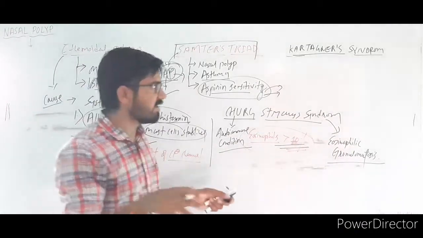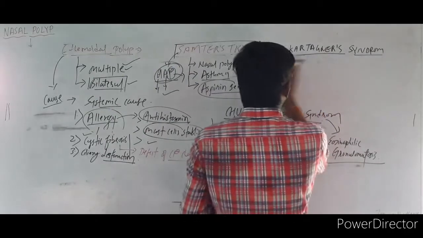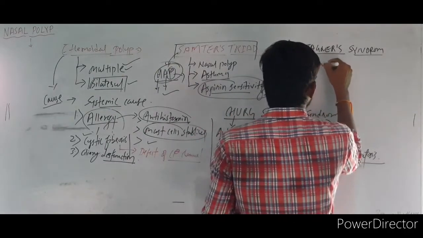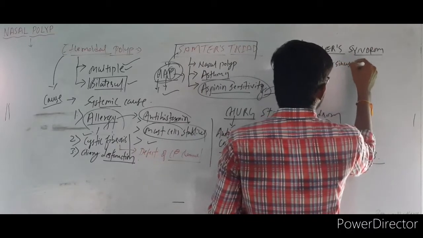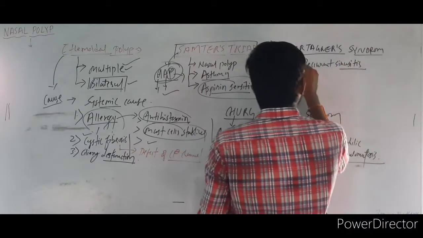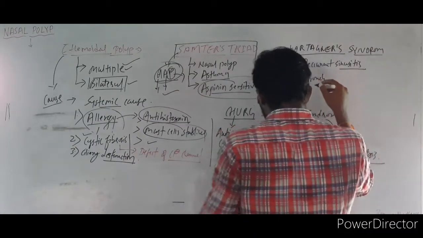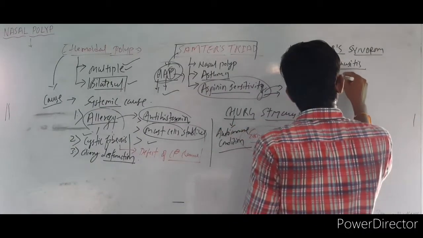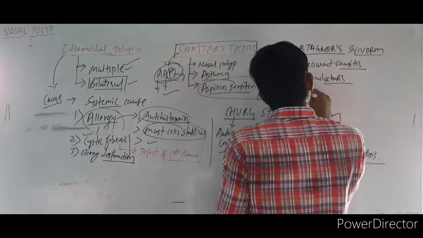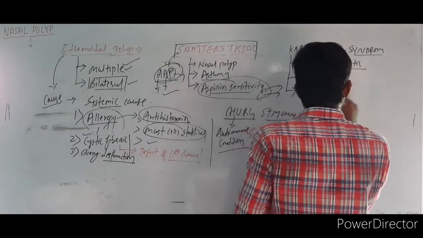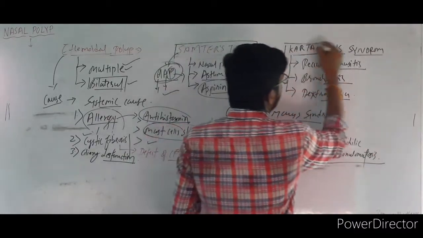And the third thing is dextrocardia. So, recurrent sinusitis, second thing is bronchiectasis, and the third thing is dextrocardia. These three things make Kartagener's syndrome.